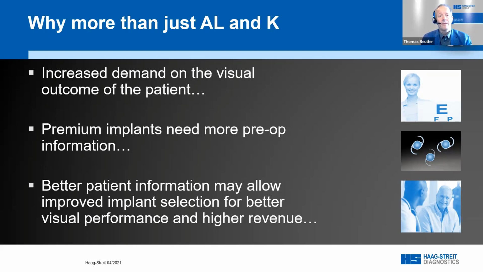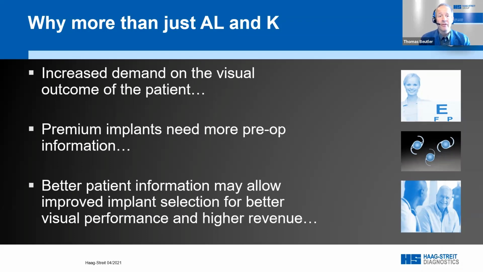So what's available on the market is more in the mind of the patient, and they don't want to just have treatment for the cataract. They also look for spectacle independence. They look for more improved visual outcomes. So multifocality is something they may ask for. And therefore, we need more than just axial length and keratometry.